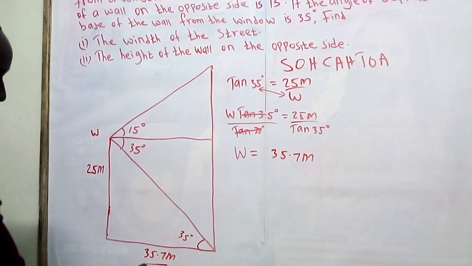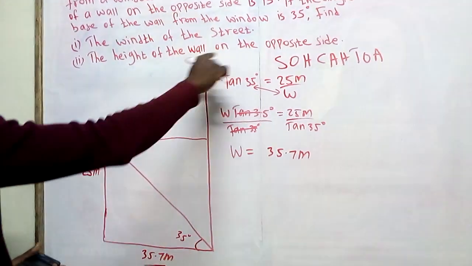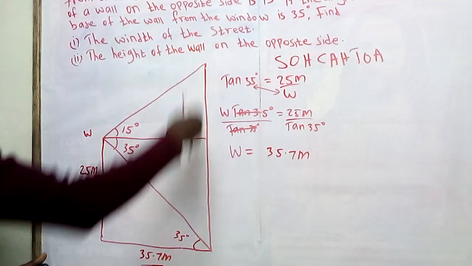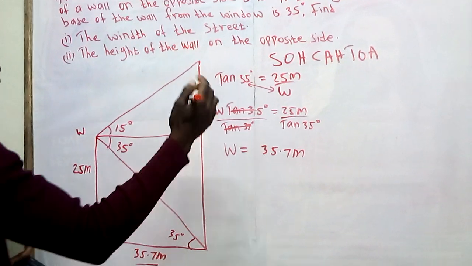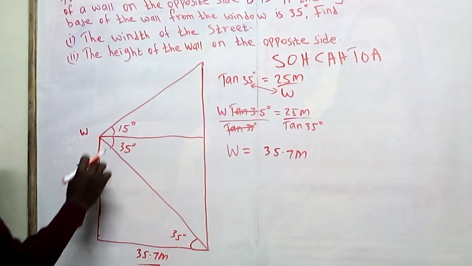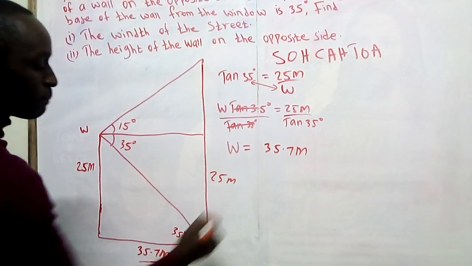The width of the street is 35.7. From there, let me find the height of the wall on the opposite side. Look here, this distance from here to here is equal to 25 meters.